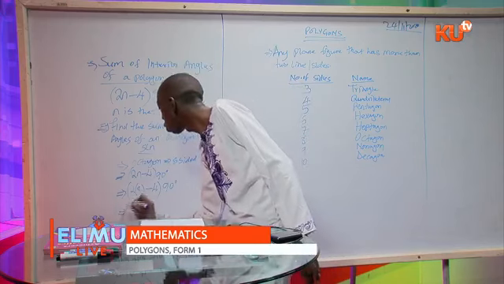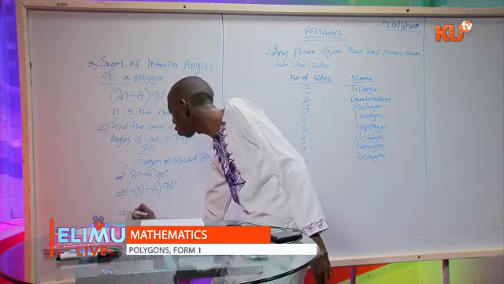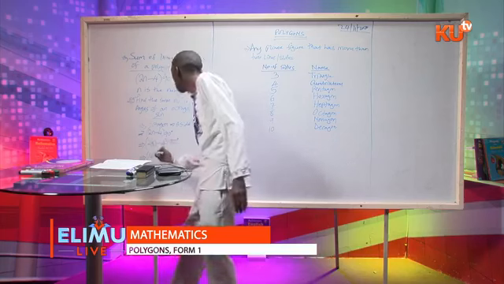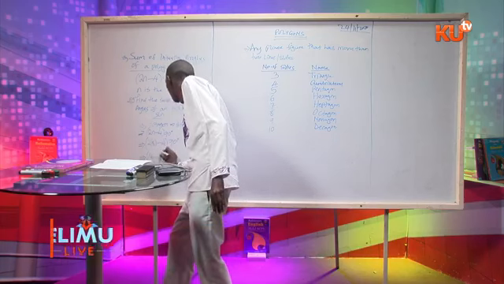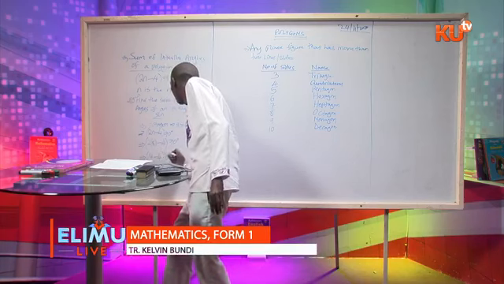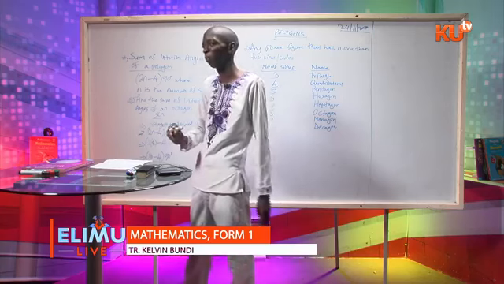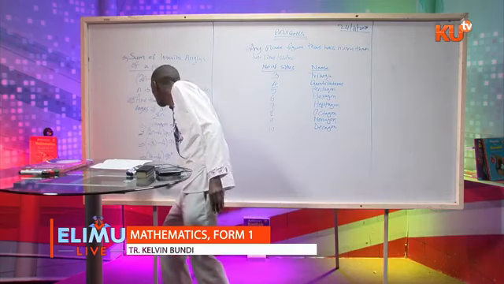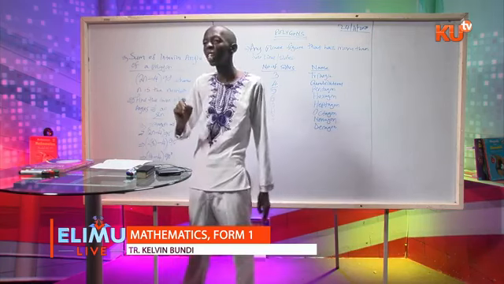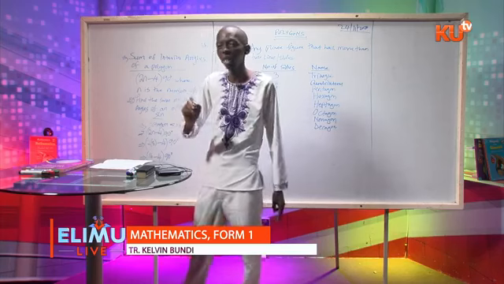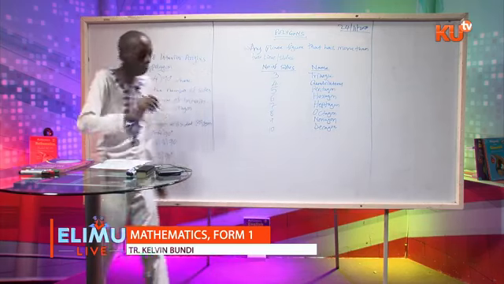Open the bracket. 2 multiplied by 8, my dear student, is 16. 16 minus 4 is 12.